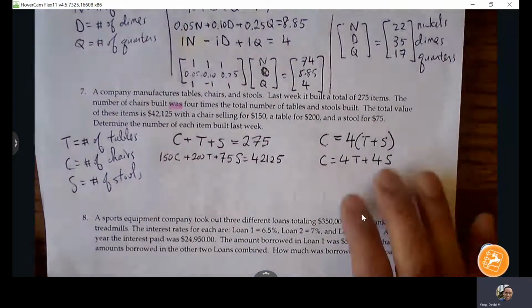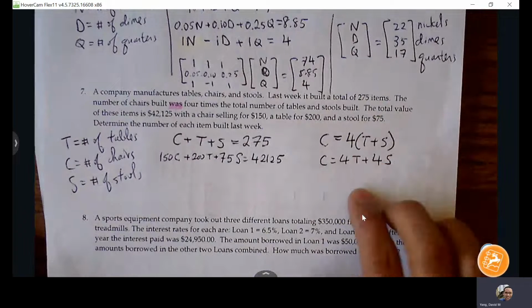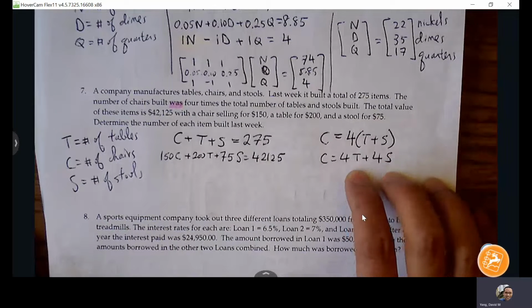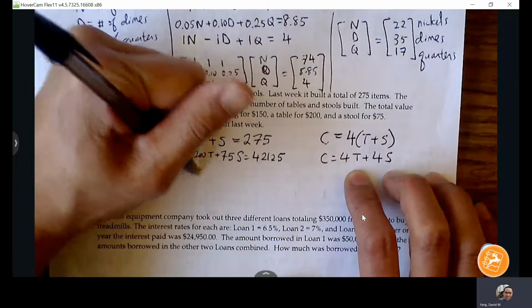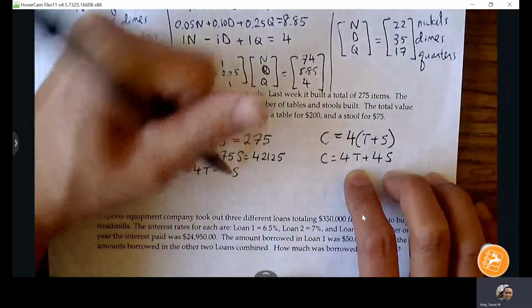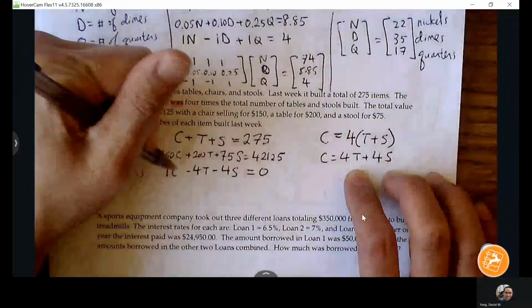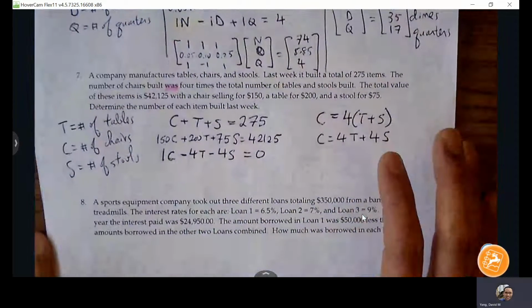Okay, I want the C to come first, then T, then S. So I'll bring everything over to one side. 0 is going to show up. So now it's easy, right?